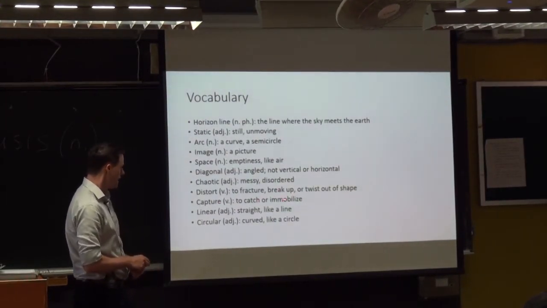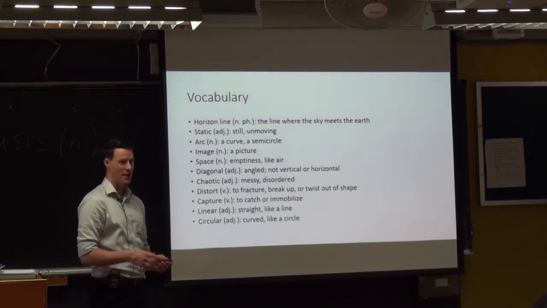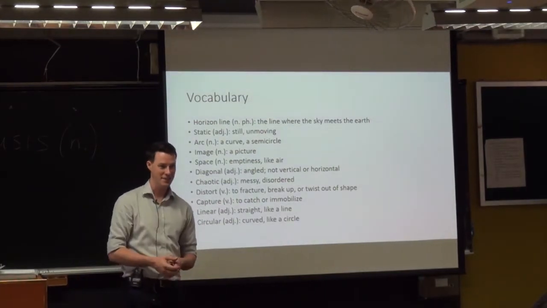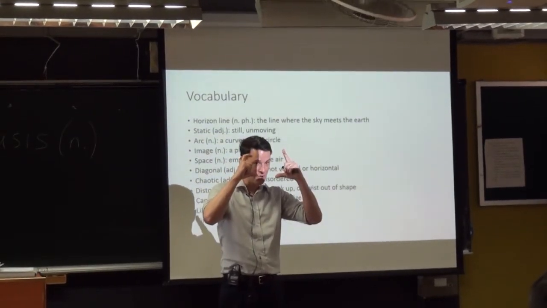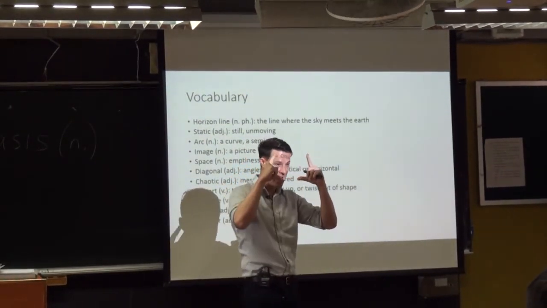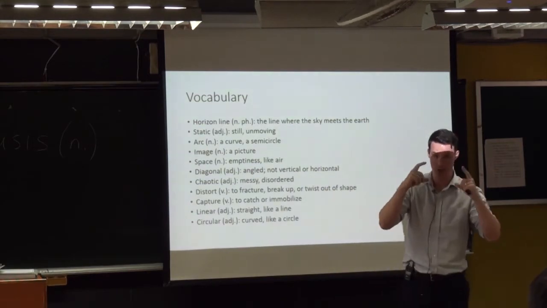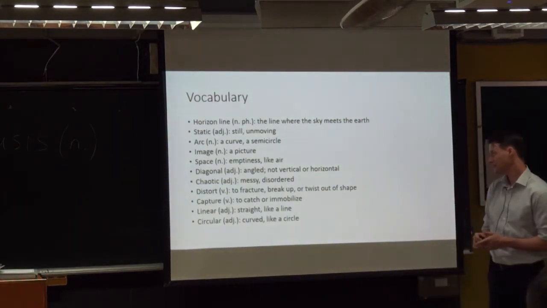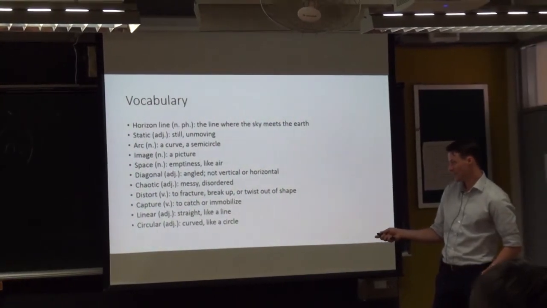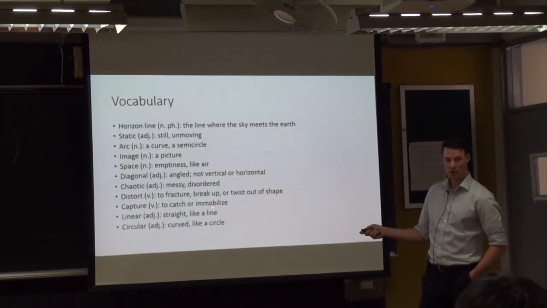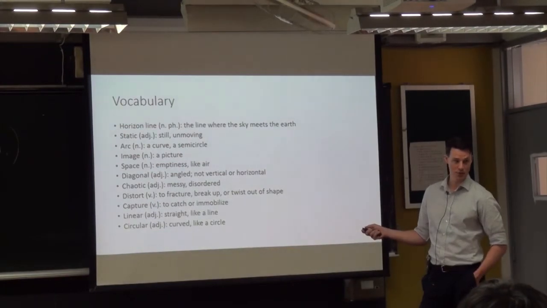Capture means to catch or immobilize. Okay, I can capture an insect, I can capture a bird, or I can capture an image. I can capture an image with a camera. Right? So to catch or immobilize. Mobile means able to move, right?